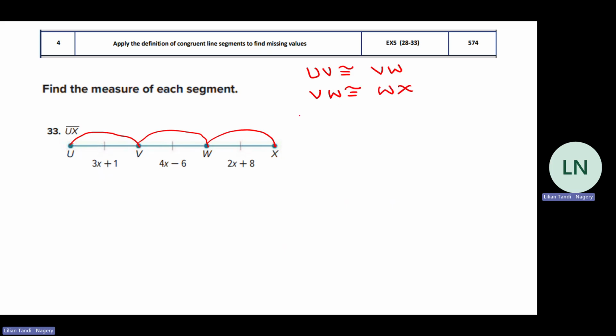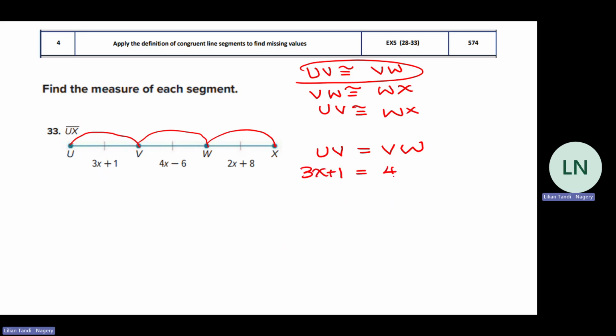If you didn't want to do that, you could have done UV is congruent to WX. So it is up to you, okay? Whichever one of these 3 you decide. I'm going to do the first one. So UV is congruent to VW means UV is equal to VW. Do I know UV? Yes, it is 3x plus 1. Do I know VW? Yes, it is 4x minus 6.